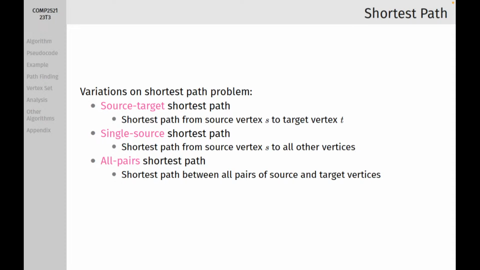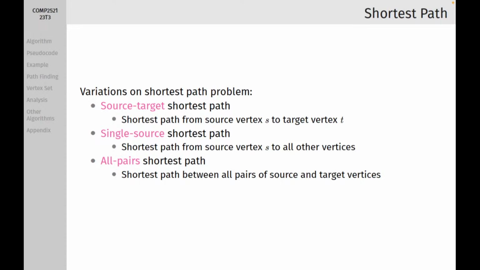There is also the single source shortest path problem. That's where you're given a single vertex, which is your source vertex, and you want to find the shortest path to all other vertices in the graph. Then we also have the all pairs shortest path problem, which is where we want to find the shortest path between all possible pairs of vertices.